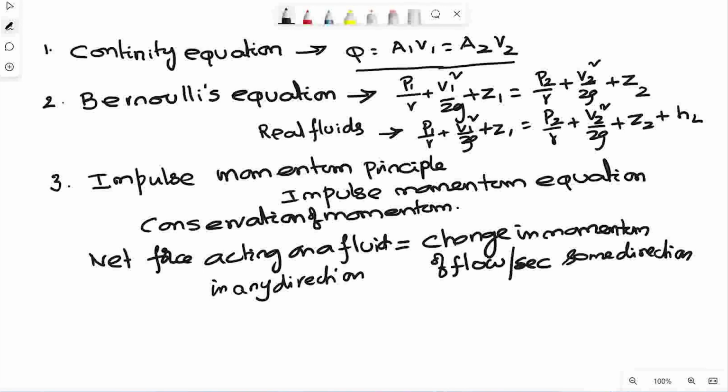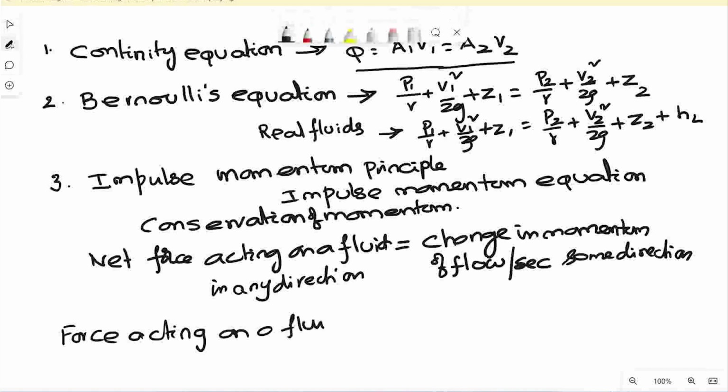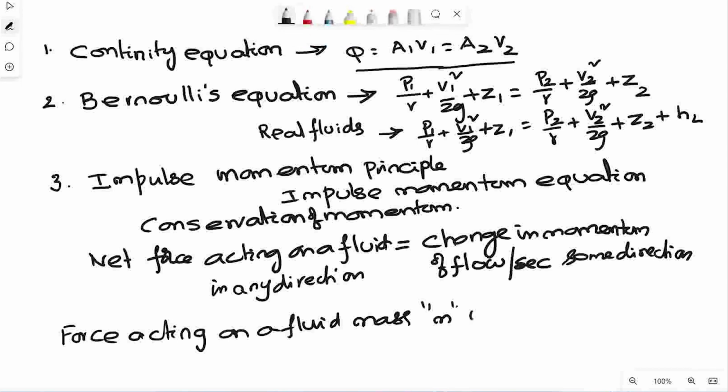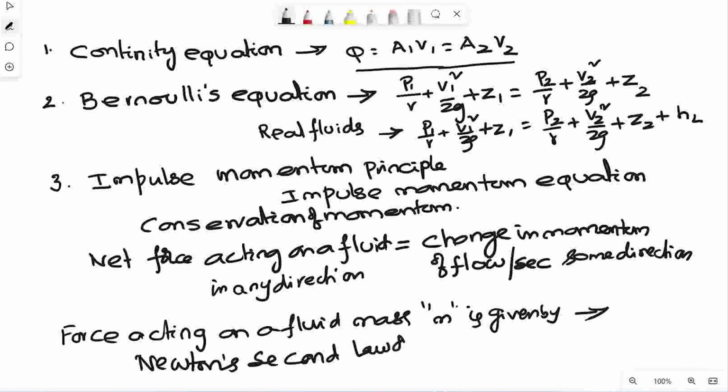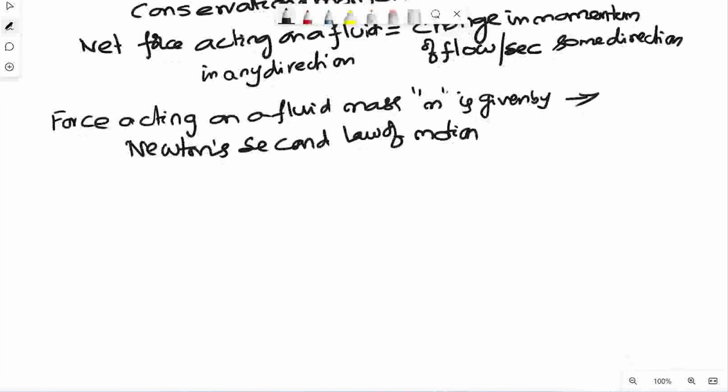Now, what is the force acting on a fluid mass? Taking the mass as m, the force is given by Newton's second law of motion. What does Newton's second law of motion state?